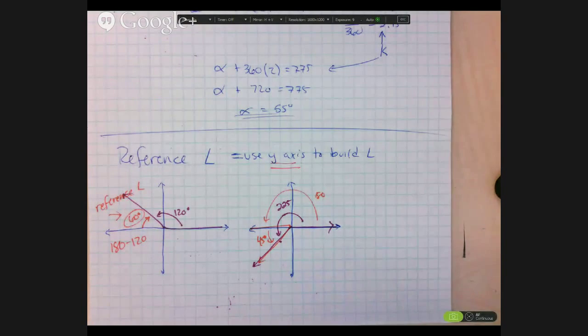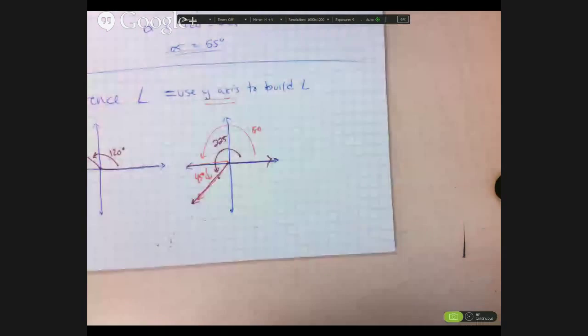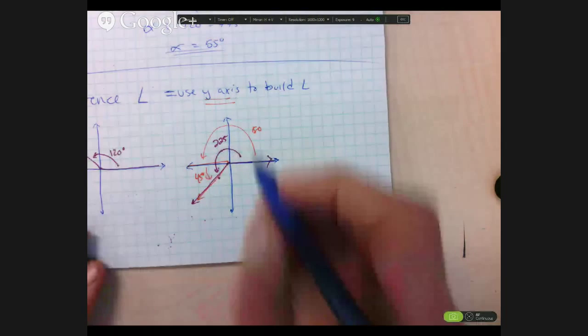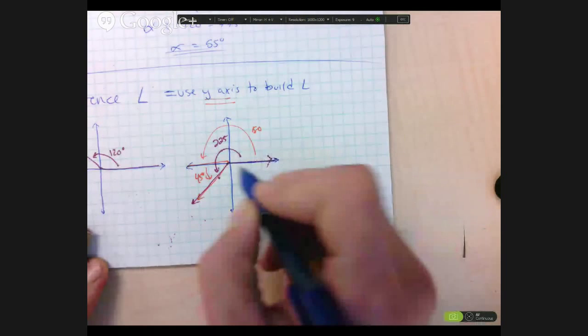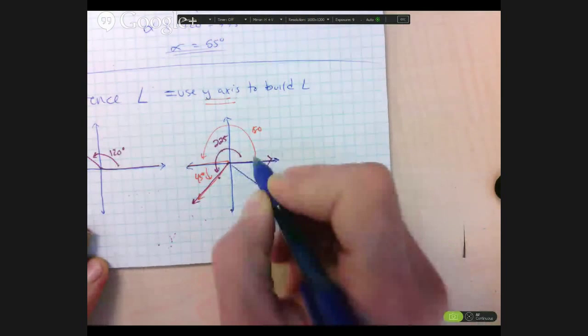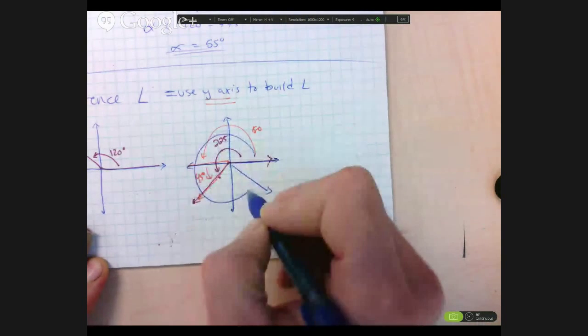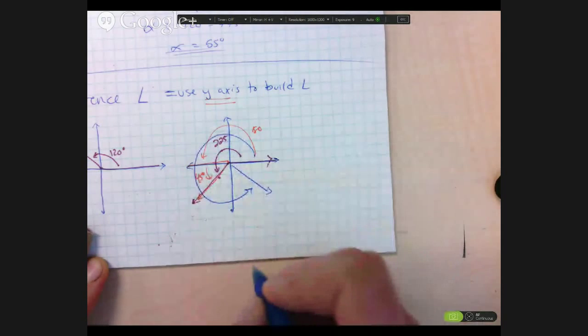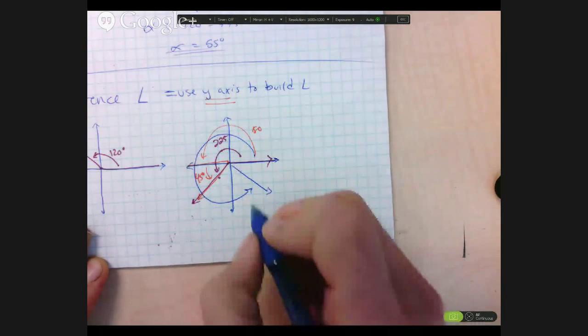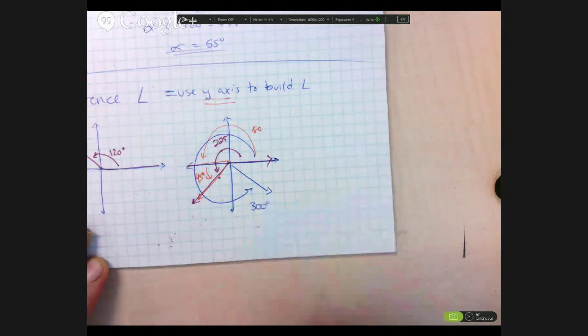Do you want me to show you one more? Well, that's 5 no's and a yes. I'll show you one. Does anybody else want to see one? Okay. What about that angle? It is 300 degrees.